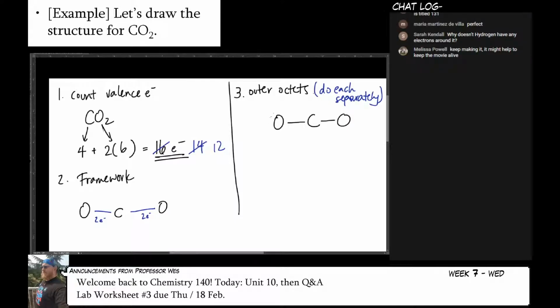So I'm going to start with this left oxygen over here, and this is what I'm going to do. Dot, dot, dot, dot, dot, dot. I'm going to stop there because if I count the octet, I have 6 of these by themselves here, and then a bond which counts for 2. So that atom is good. I wrote 6 dots down, though, so I've got to deduct it from my total.